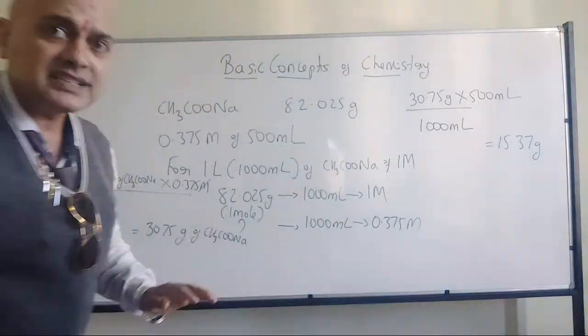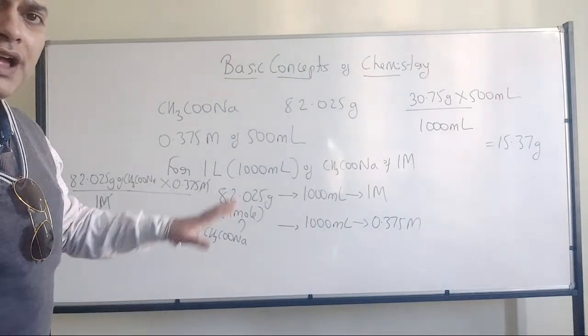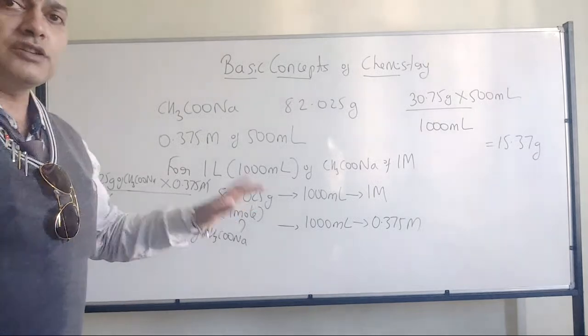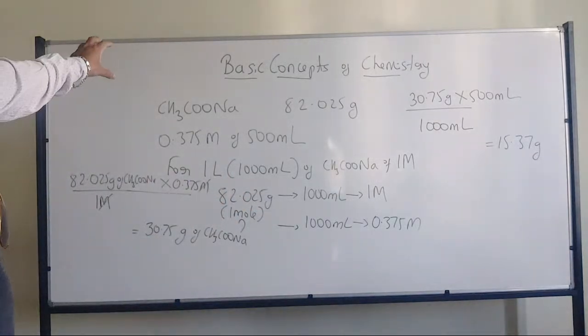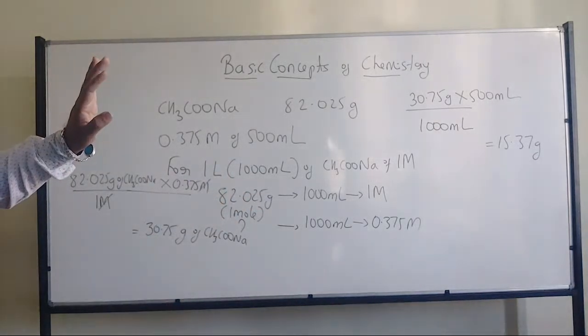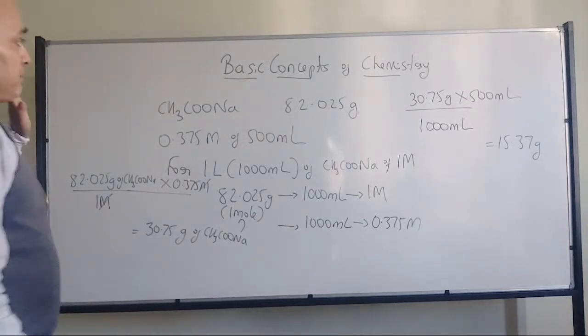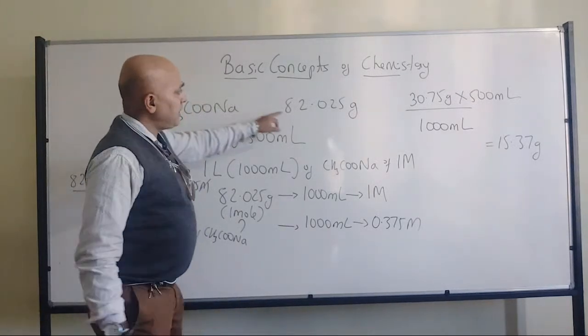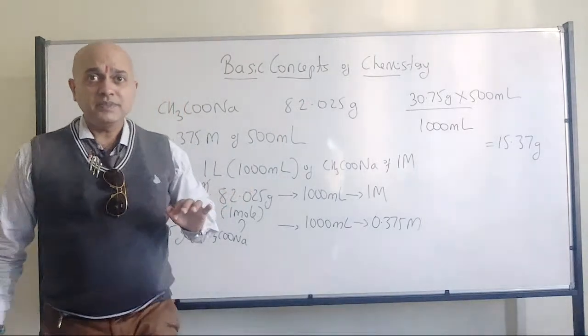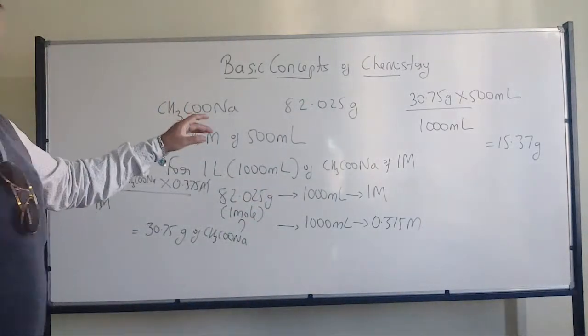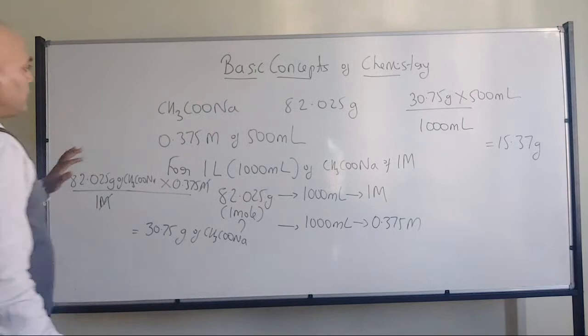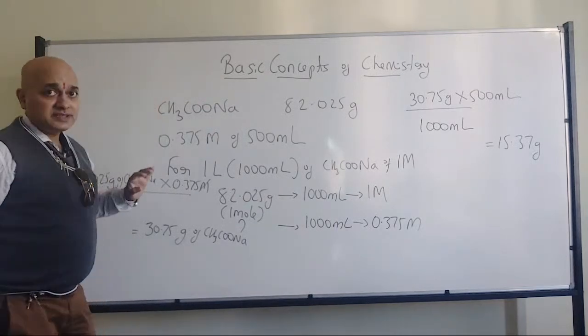So once again I will explain. You want me to explain or you have understood? The question was, we have sodium acetate, and they have made it easy by giving the molar mass also. It is 82.025 grams per mole, that is the molar mass of sodium acetate.